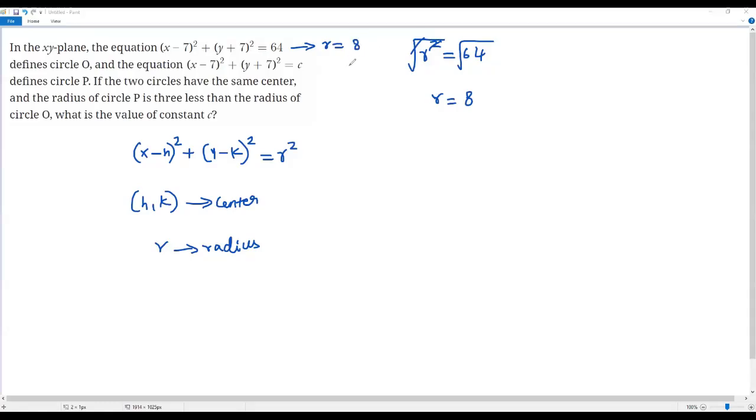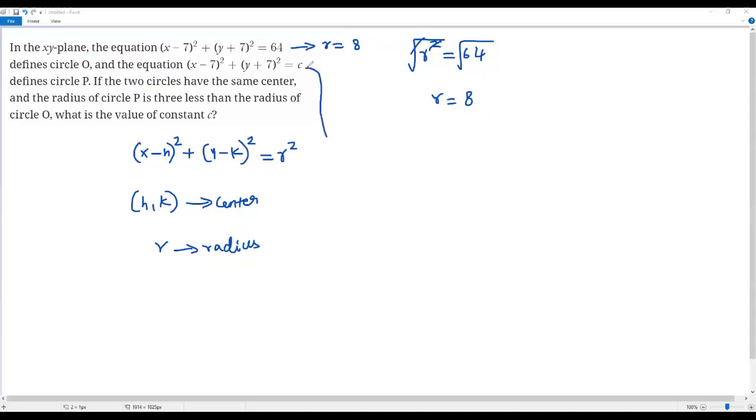Then what can be the radius of circle P, that is, the second circle? According to the question, the two circles have the same center and the radius of circle P is 3 less than the radius of circle O. So the radius of the second circle is 3 less than the radius of the first circle O. Already we got the radius of the first circle, which is 8 units.